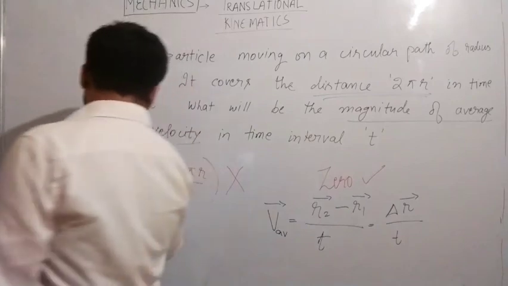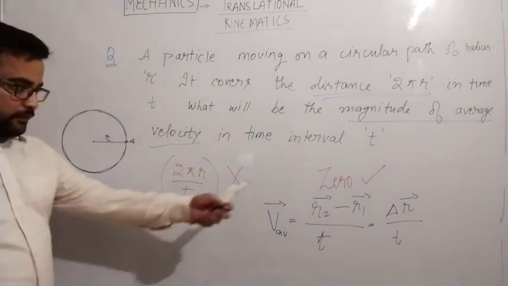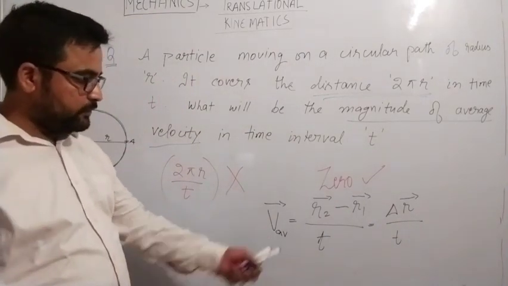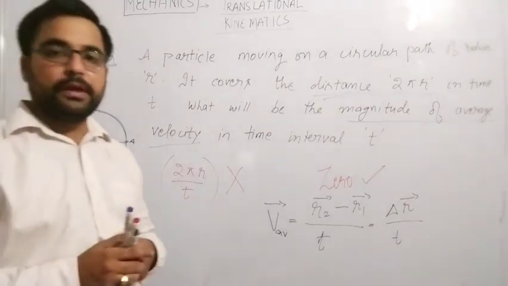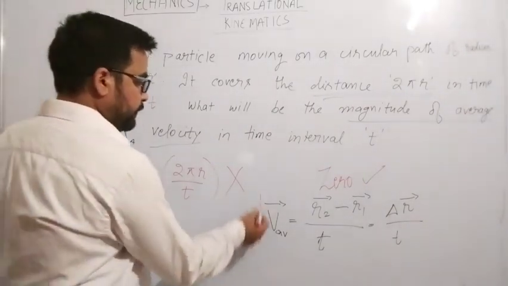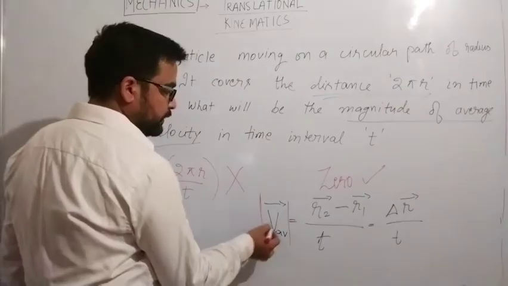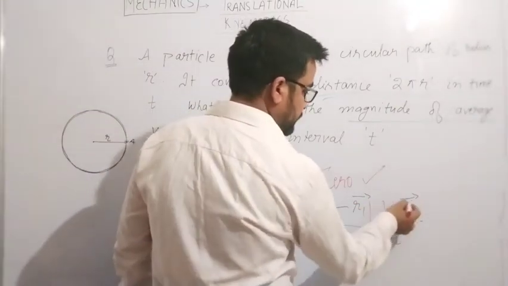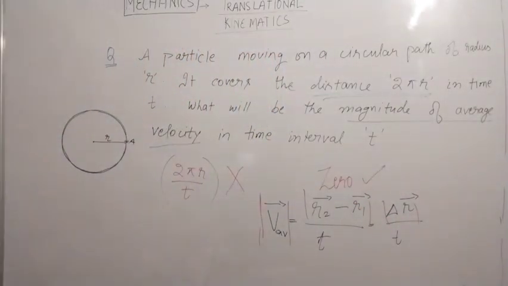As the initial and the final position are the same, delta r will be 0. So average velocity will be 0. Because it is asking for magnitude, you put the bar there. That's it.